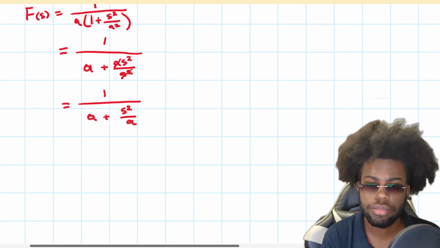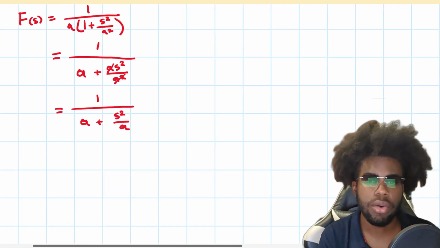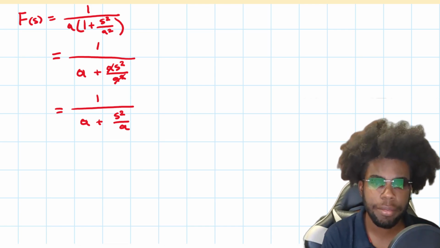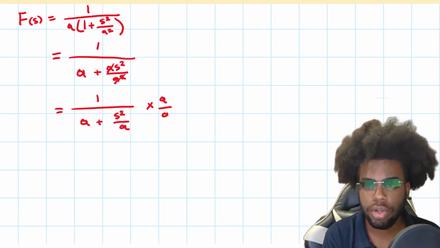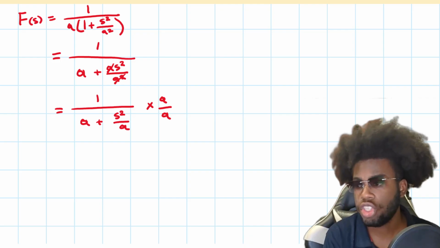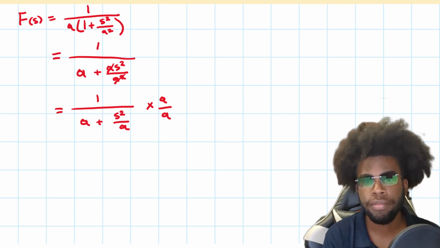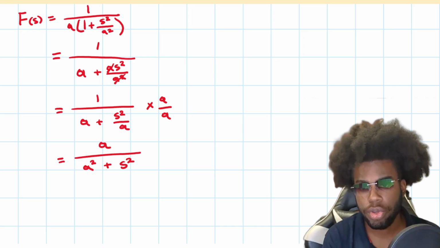Now, all we do with this is that we multiply the whole thing through by a over a, which we know is equal to 1. So it really doesn't change the value of the fraction by multiplying it by 1, which will then give us a over a squared plus s squared.